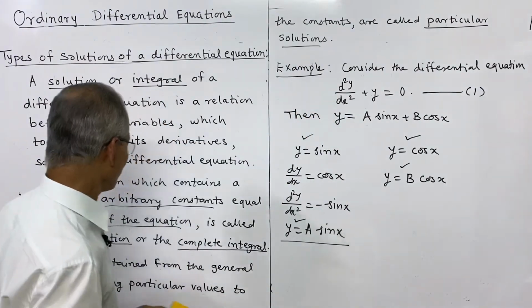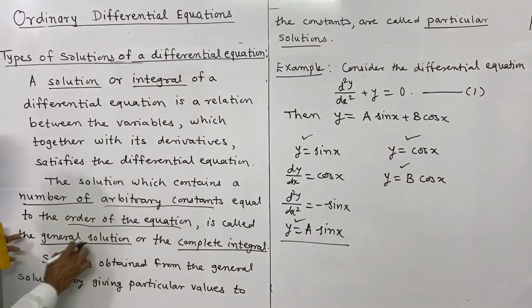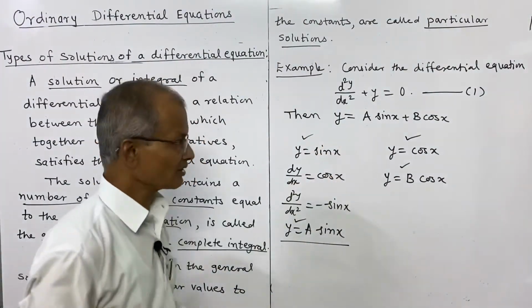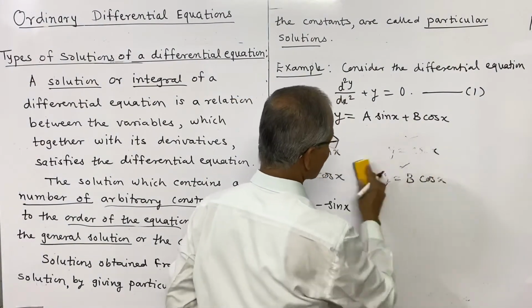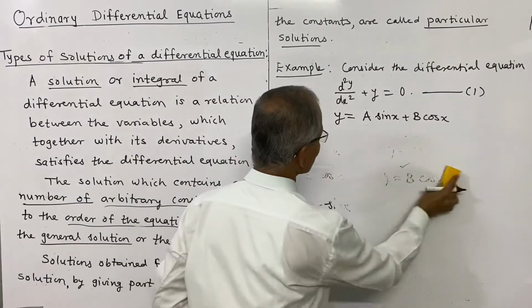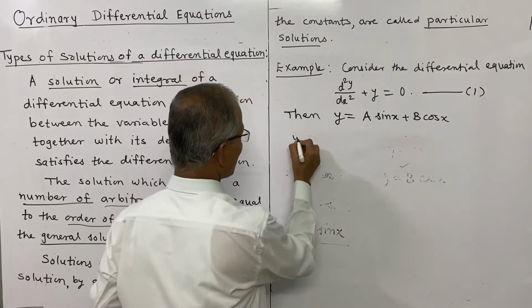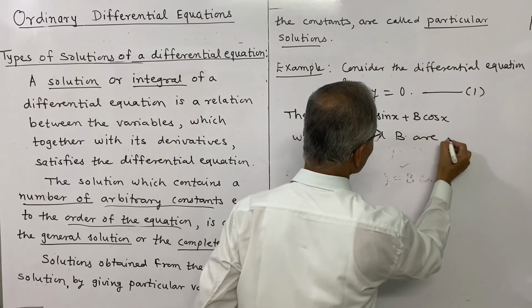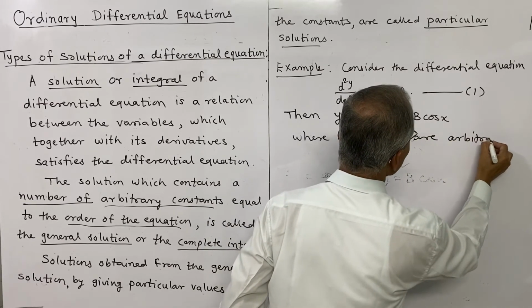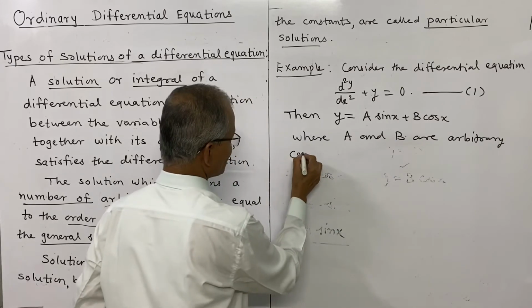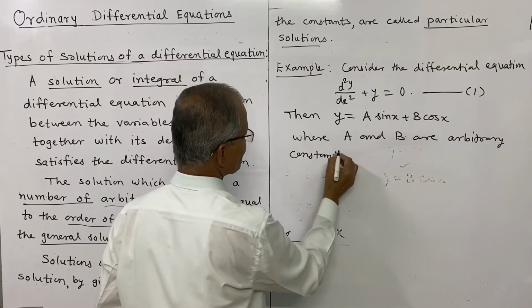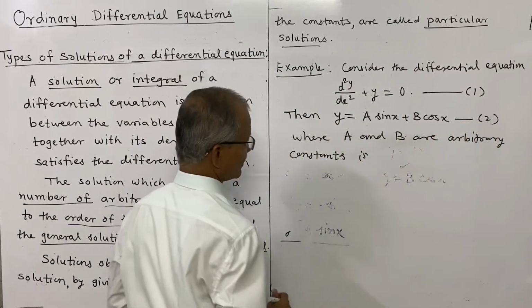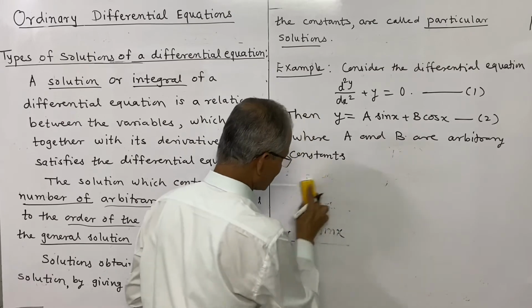So the number of arbitrary constants is equal to the order of the differential equation, and therefore this is the general solution of 1, where a and b are arbitrary constants.